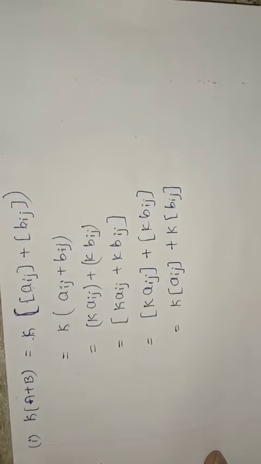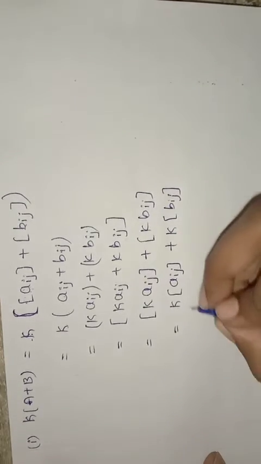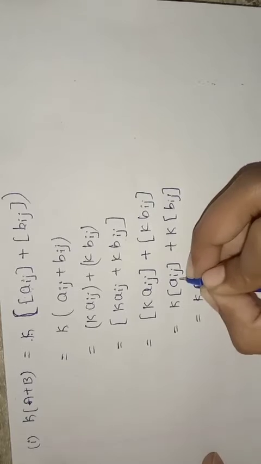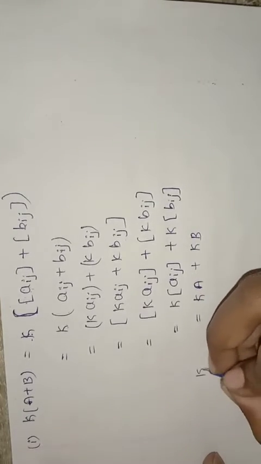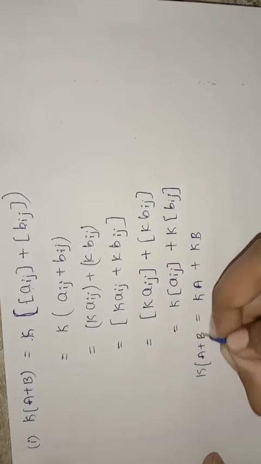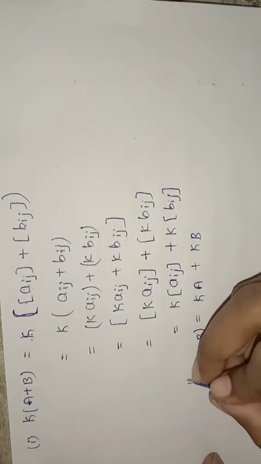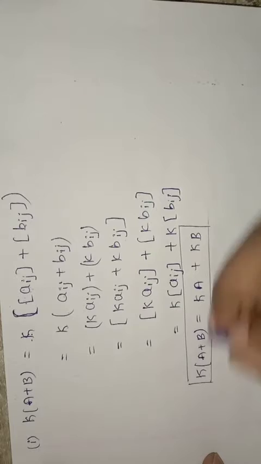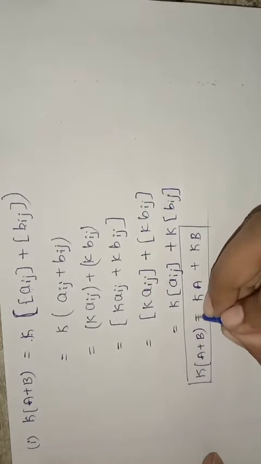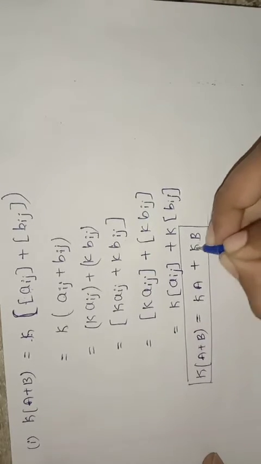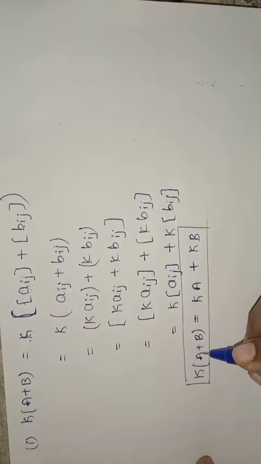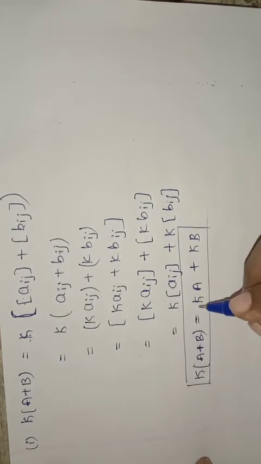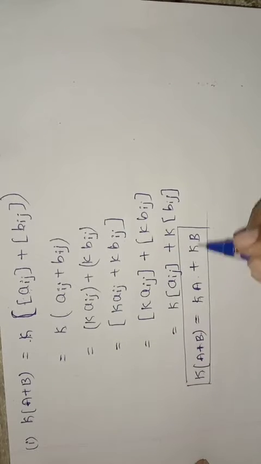That is nothing but aij is matrix A and bij is matrix B. So therefore K into (A plus B) can be written as KA plus KB. K is one scalar; if you multiply it to the addition of two matrices A plus B, you can write it as KA plus KB.